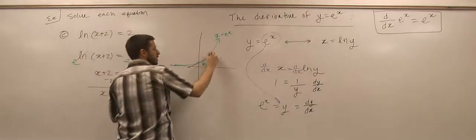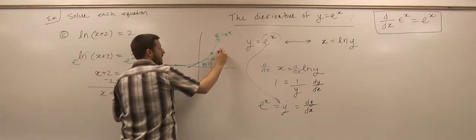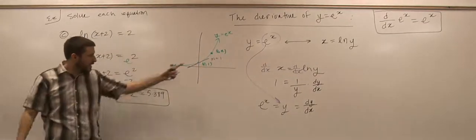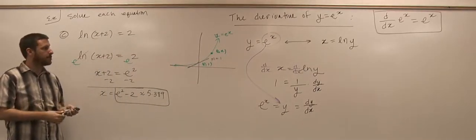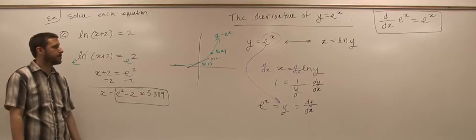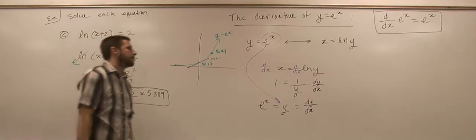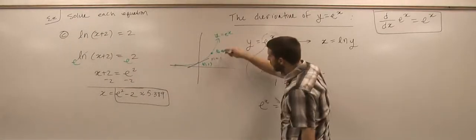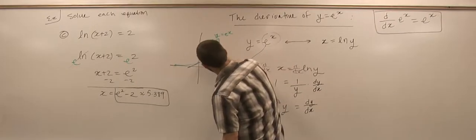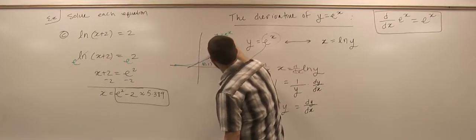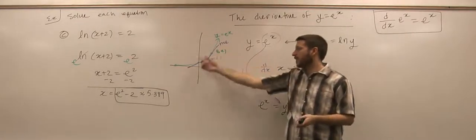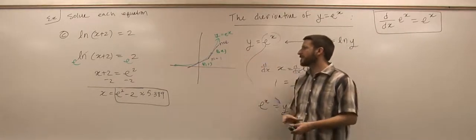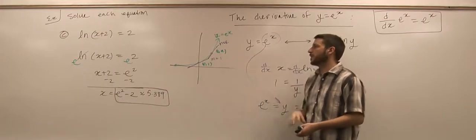This point up here, 1 comma e. The slope of the tangent line at 1 comma e is going to be what? e. The slope's equal to the y value. So the slope will be 2.7, or e. So every point on this graph, the structure of the graph says that if you want the slope, it's the same as the y.